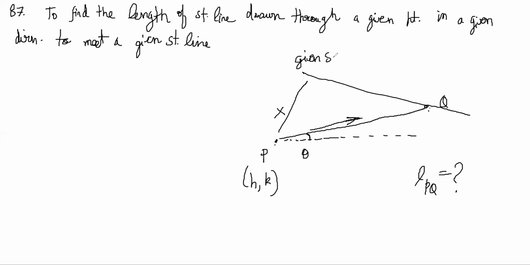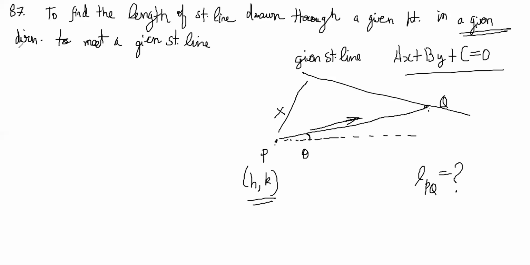Okay, the length PQ you have to find to meet a given straight line. The given straight line is this. So let's say the given straight line equation is capital A x plus B y plus capital C is 0, right? And P is h comma k, right? And in a given direction, that part means the angle theta according to the x-axis, which direction you are supposed to move, right? So the slope of this line PQ is equal to tan theta, right?